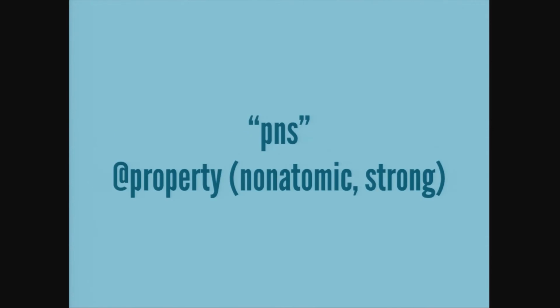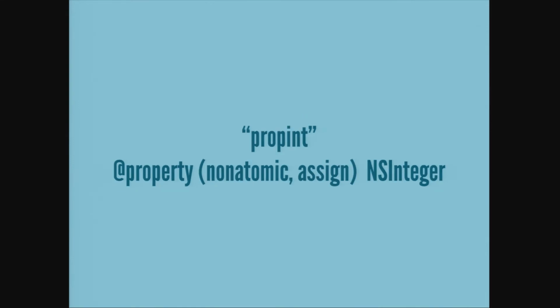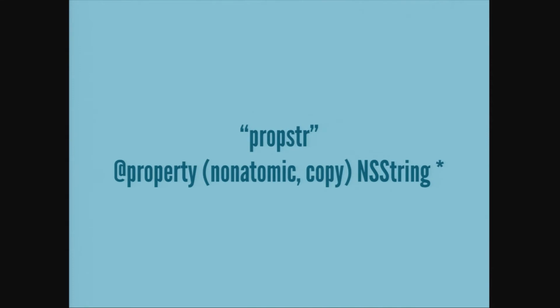So if I type these three letters that I will not say out loud, it will expand to property nonatomic strong. You got it. Prop int will give me an assign for an integer. Prop str gives me a copy for a string, right? I don't want to type all that, and I do this in every class that I create.